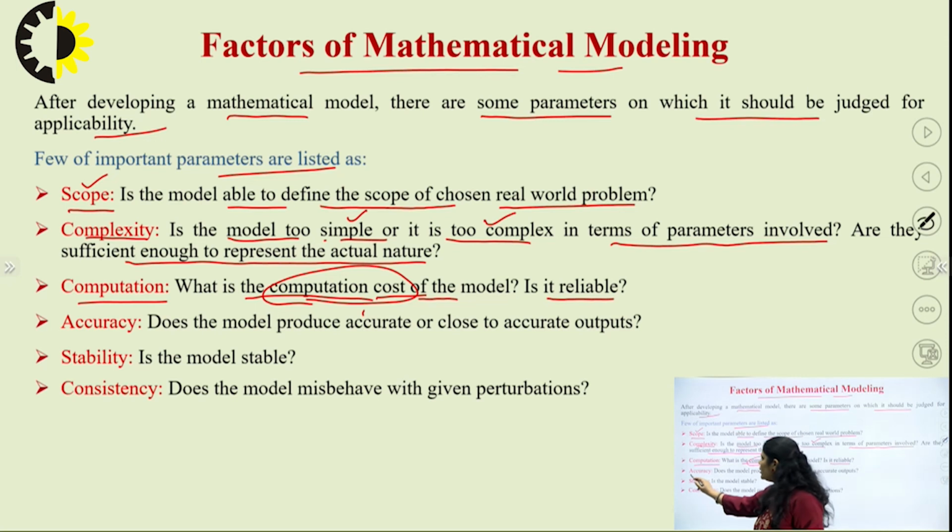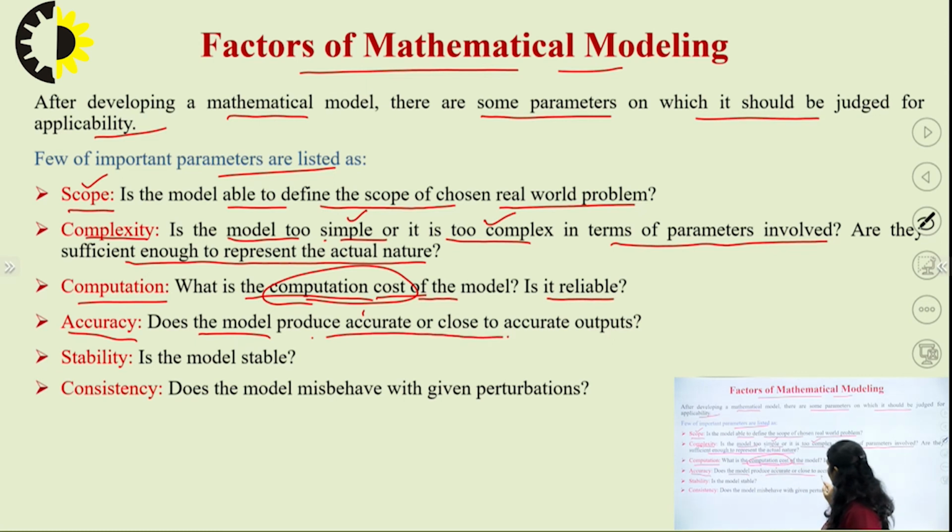Then we come to the accuracy. In accuracy, we will check whether the model produces accurate or close to accurate outputs, meaning the outputs are similar to the outputs of the actual system. If the outputs are similar, then only will we validate our mathematical model.